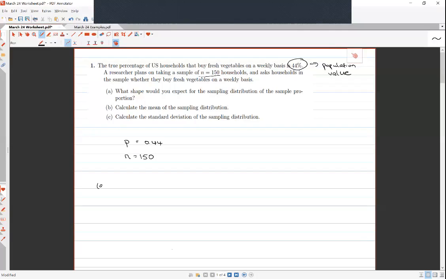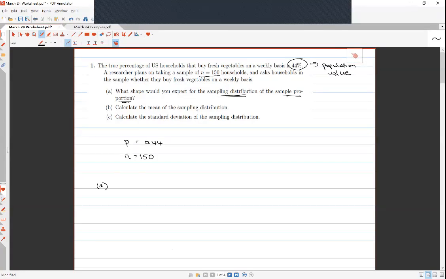So firstly, part A of the question says, what shape would you expect for the sampling distribution? Remember, sampling distribution, again, is just this name that we give to the collection of all possible values. And specifically, we're looking at the sample proportion here. So the researcher is going to take a sample of 150 households and then calculate what proportion in the sample buy fresh vegetables on a weekly basis.